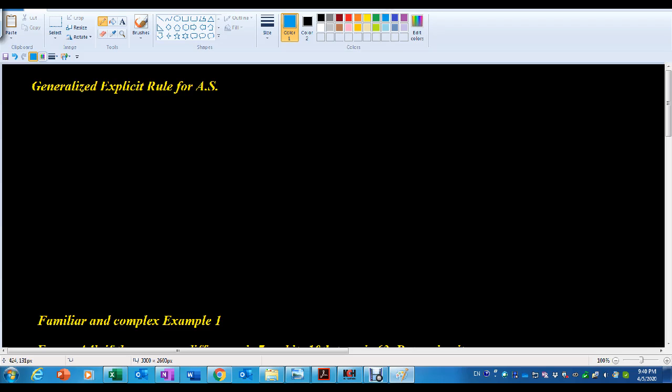Say I give you an example like 2, 5, 8, and 11. You know that this is an AS with common difference 3. So let's see how we could establish that general rule.